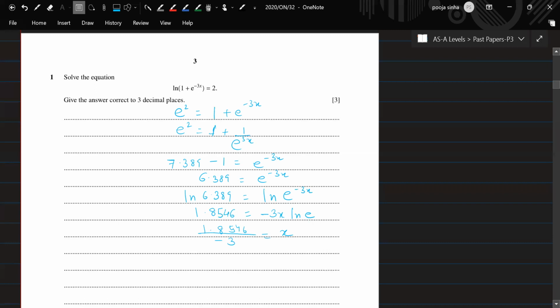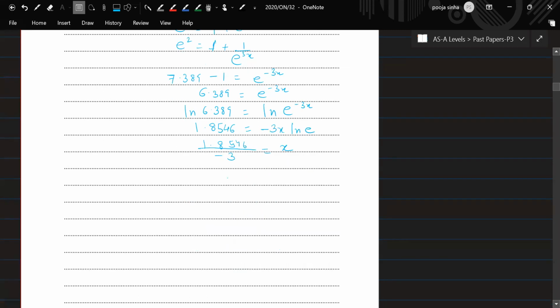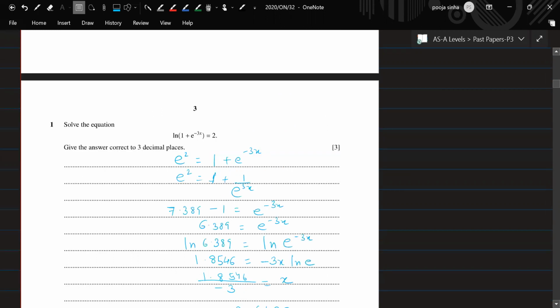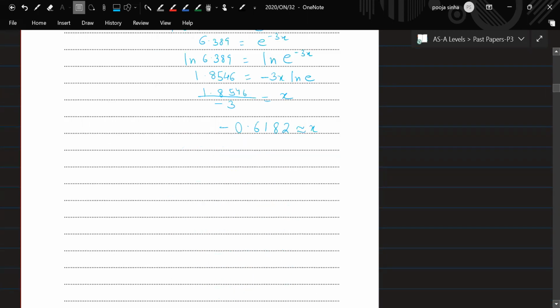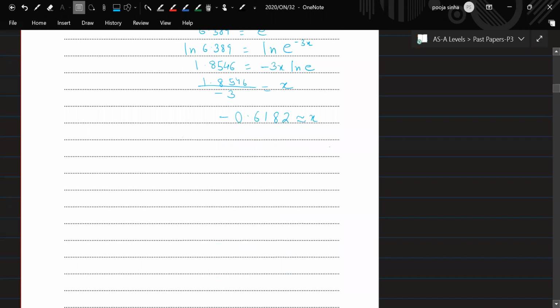Now this divided by minus 3 would become 0.6182. That's your answer. The value of x is minus 0.6182 approximately, and we actually need 3 decimal places, so it will become minus 0.618. Okay? Yeah.